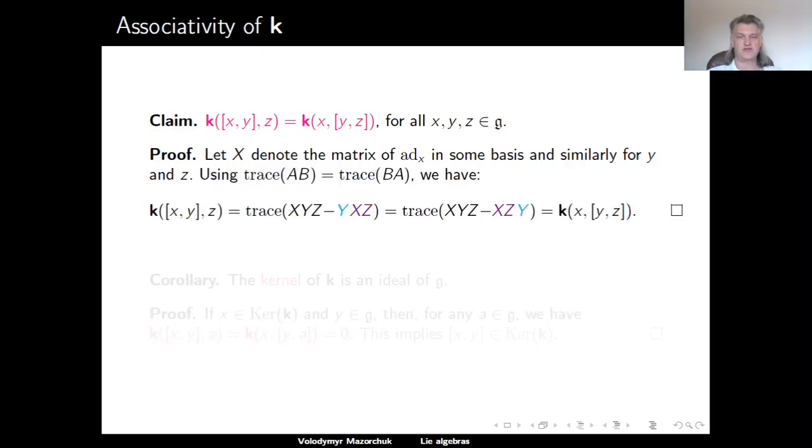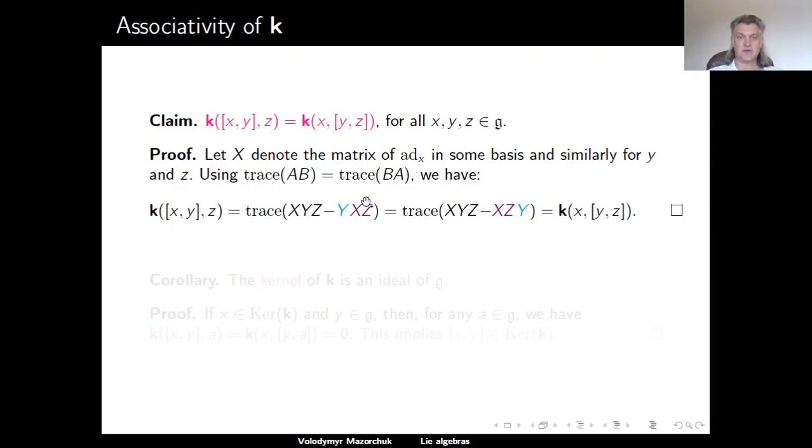Using the property of the trace, that the trace of the product of two linear operators does not depend on the order of this product, we can compute that the Killing form evaluated at the bracket of x and y, and z equals the trace of the matrix XYZ minus YXZ.